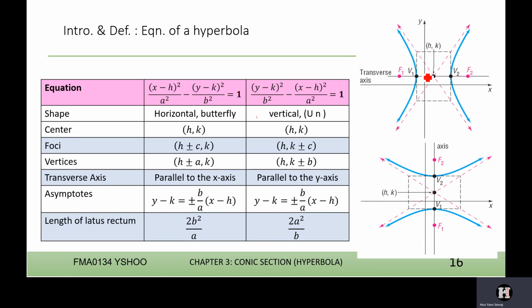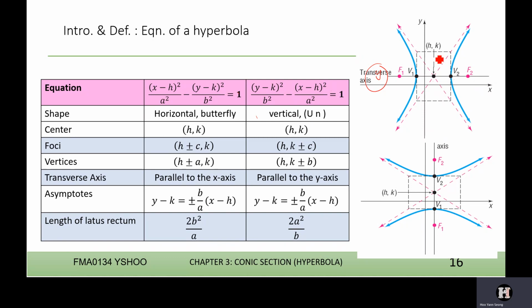Just now you already saw that our center is really in the center of everything. So for a horizontal hyperbola, the y must all have the same value, and only the x values are different.